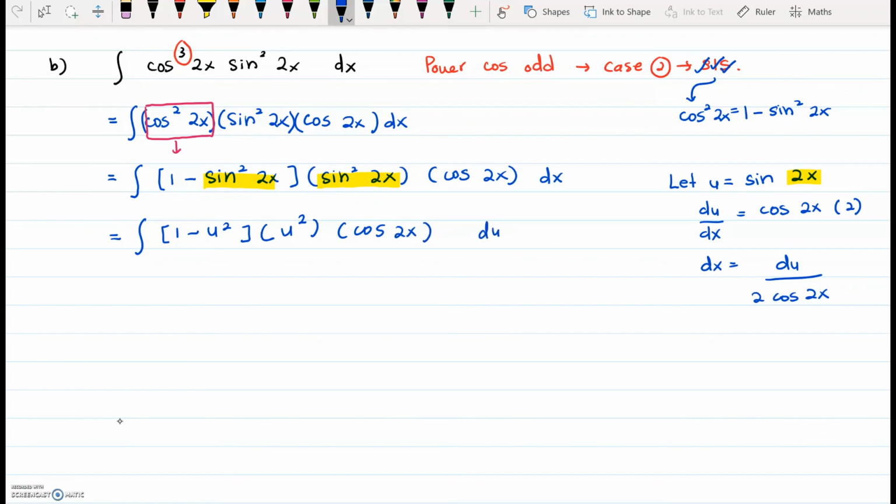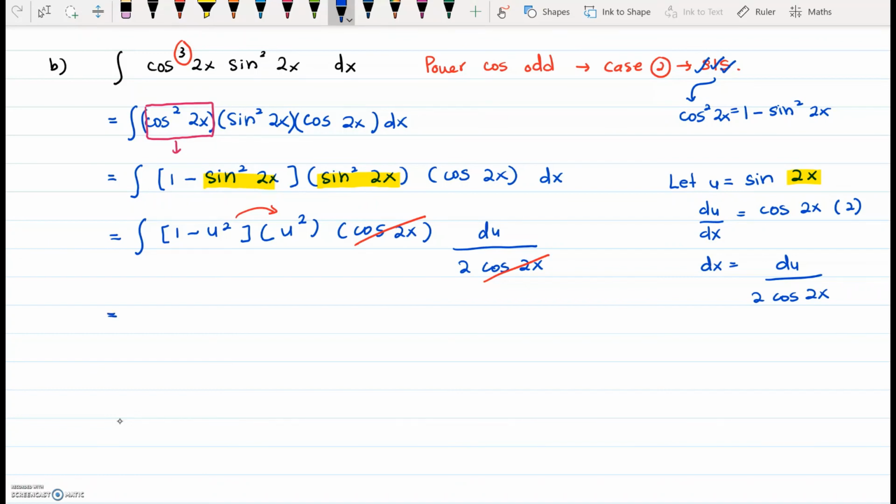It will be du over 2 cos 2x. Next we will cancel off your cos 2x. So what will be your next step? Yes, the next step is we will expand the bracket.